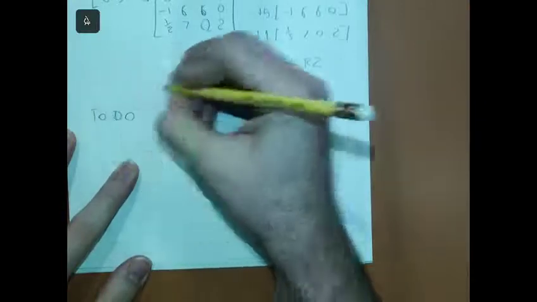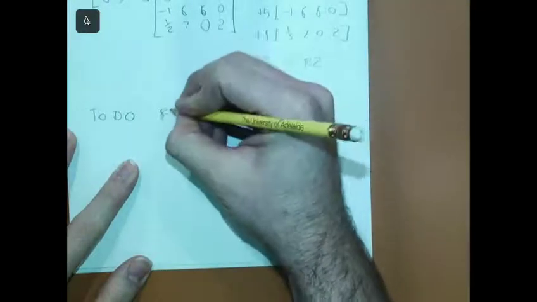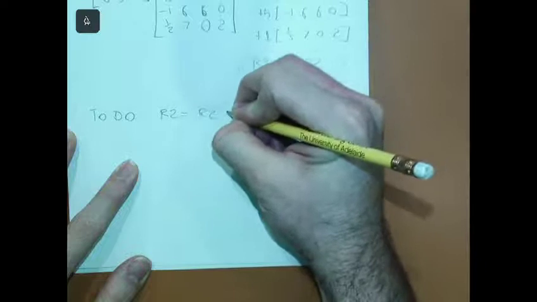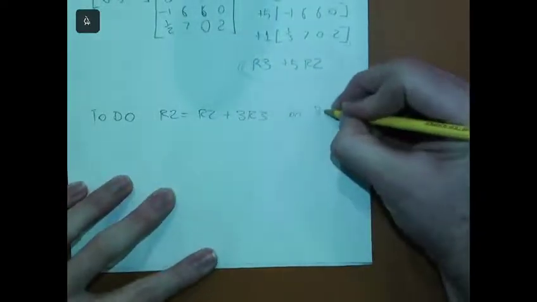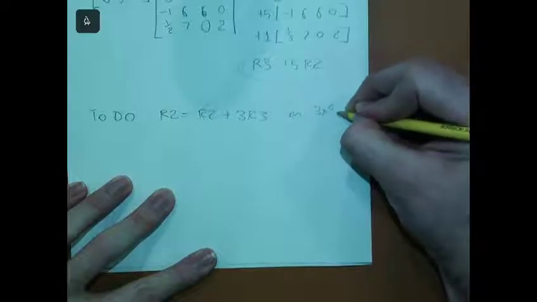So let me show you. If I wanted to do, you know, row 2 becomes row 2 plus 3 of row 3 on a 3 by whatever matrix.